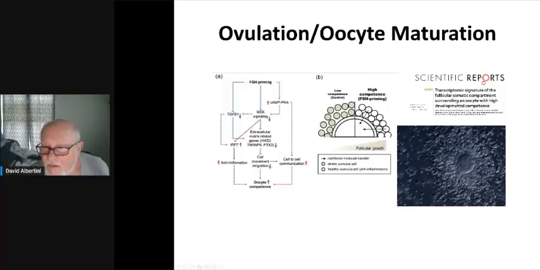This is a paper from some years ago that really demonstrated that the developmental competence of an oocyte that received appropriate FSH priming at the later stages of follicular growth, okay, produced a much higher percentage of high-quality embryos than those in which the communication pathways were compromised.